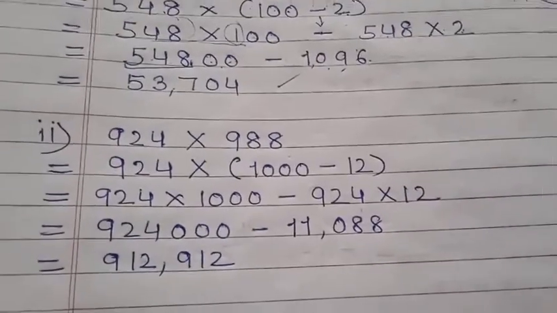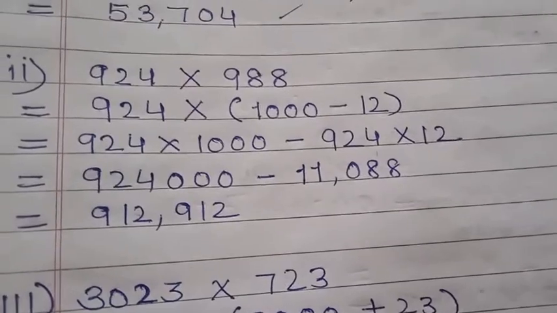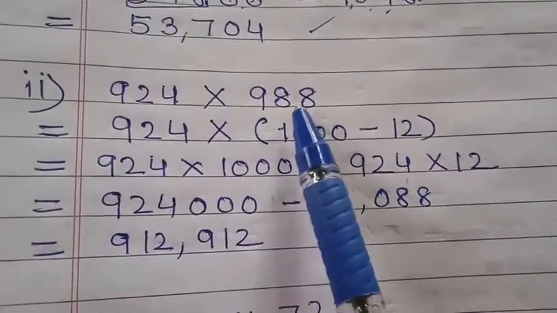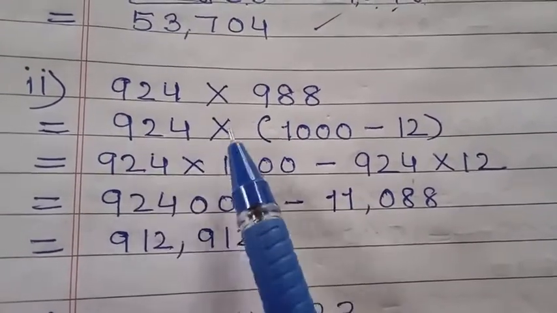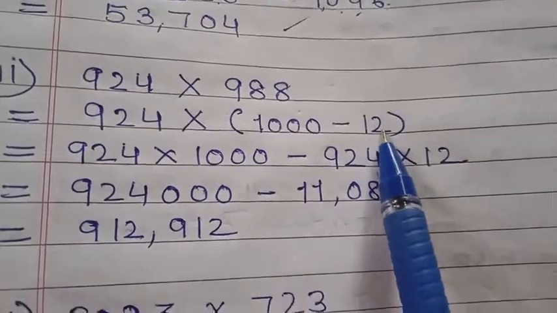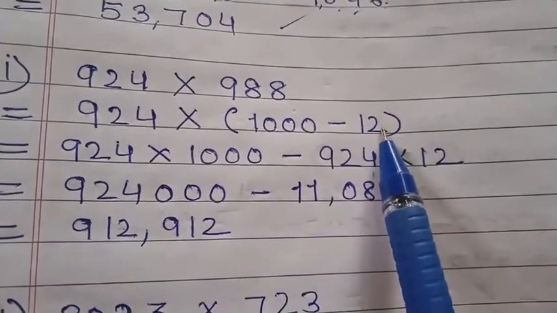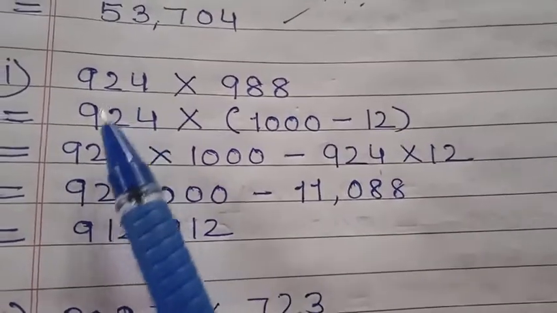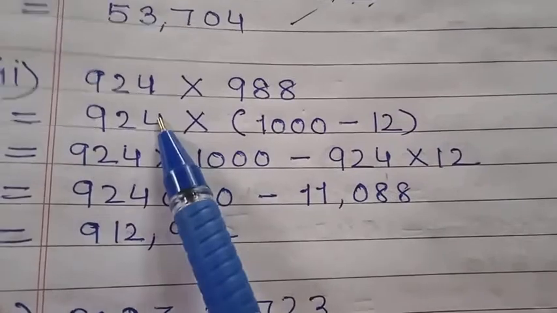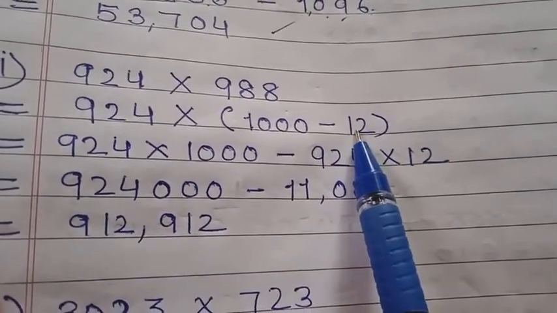Next question you can see here. 924 multiplied by 988. 988 I have written as 1000 minus 12. Splitting is done. So 924 multiplied by 1000, this minus sign, 924 multiplied by 12. Again distributive property of subtraction.